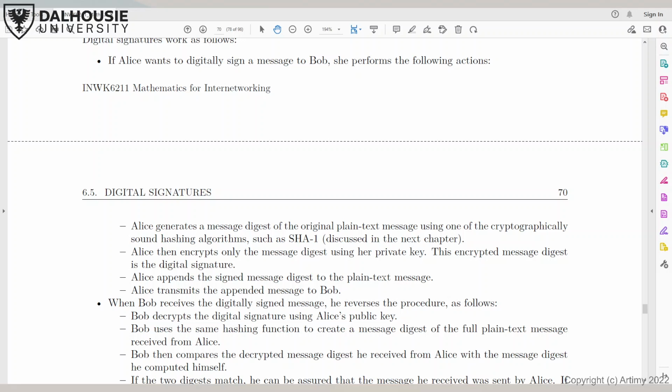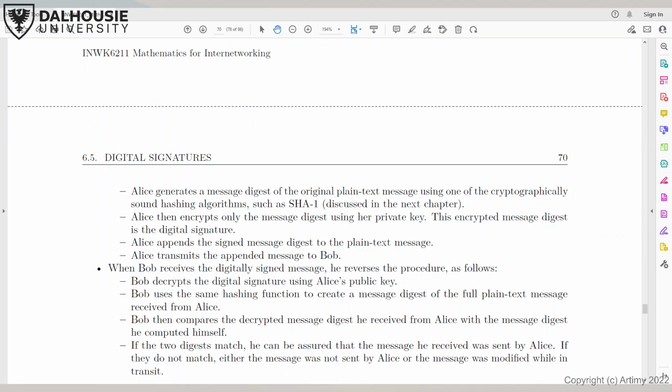That hash, we encrypt it. Alice encrypts it with her private key. And this is an example of encryption with the D key, not the E key, as I mentioned before. Alice appends the signature to the plain text and sends both.